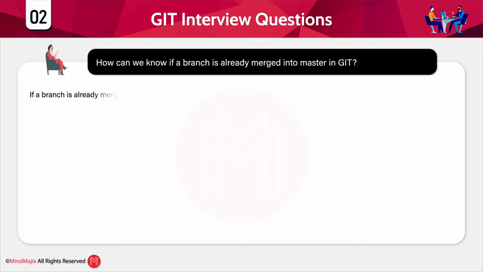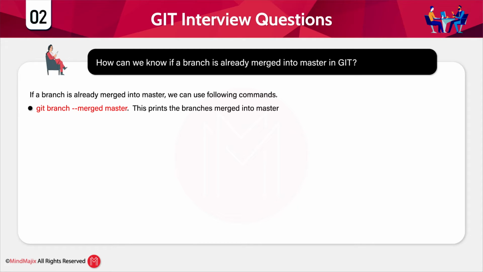And how can we know if a branch is already merged into master in Git? If a branch is already merged into master, we can use the following commands. Git branch --merged master prints branches merged into the master. Git branch --merged lists the branches merged into HEAD, that is the tip of the current branch.